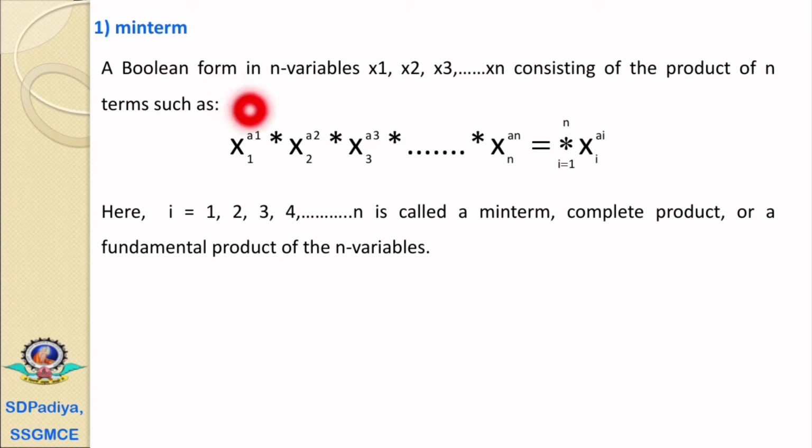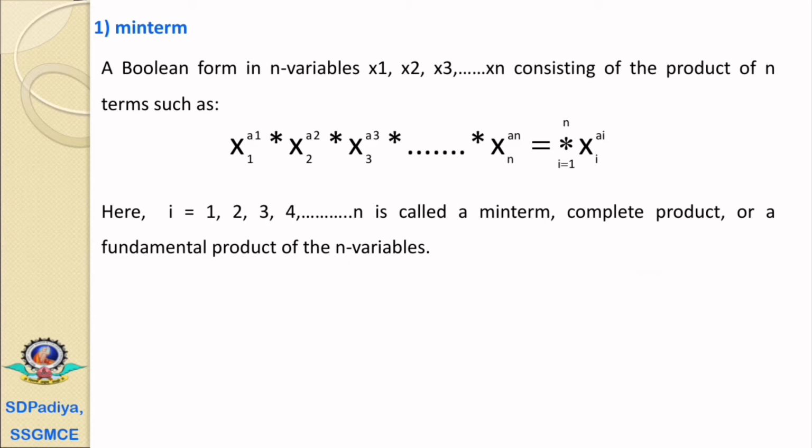A Boolean form in n variables, suppose x1, x2, x3 up to xn, consisting of the product of n terms such as x1 product x2 product x3 up to xn, that is, the product of xi where i varies from 1 to n, the product of n variables, we call a min term, a complete product or a fundamental product of the n variables.